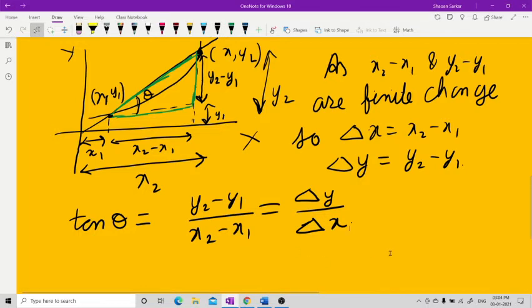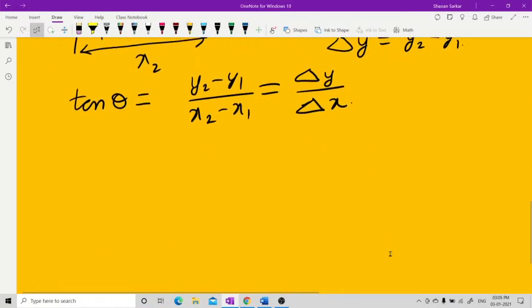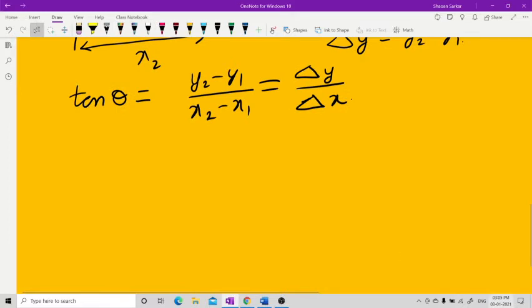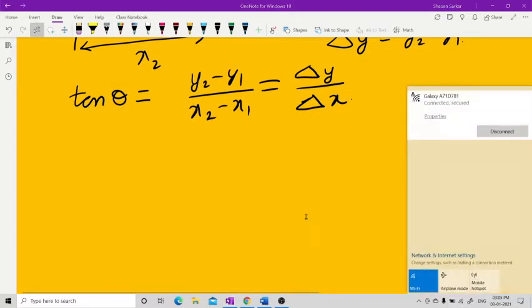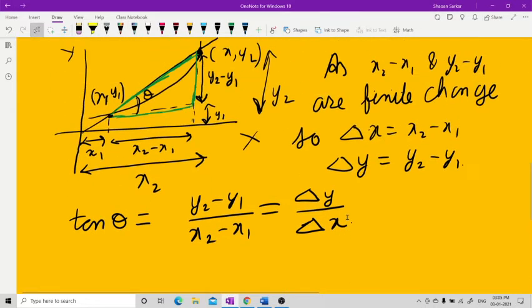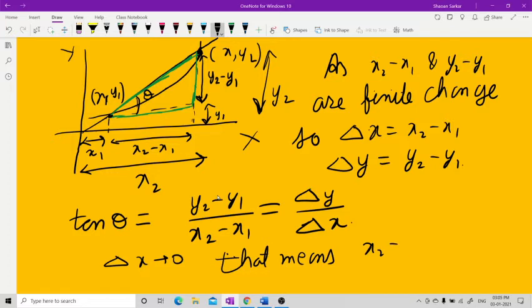Now let me draw the line, take a little bit more page. When this point approaches this point, it is somewhere very small. That means when delta x tends to 0, that means x2 minus x1 tends to 0. That means x2 tends to x1.